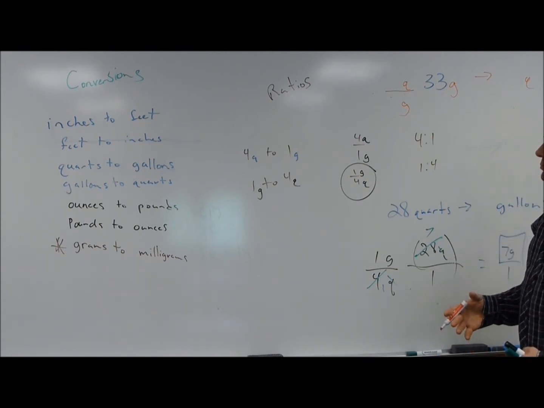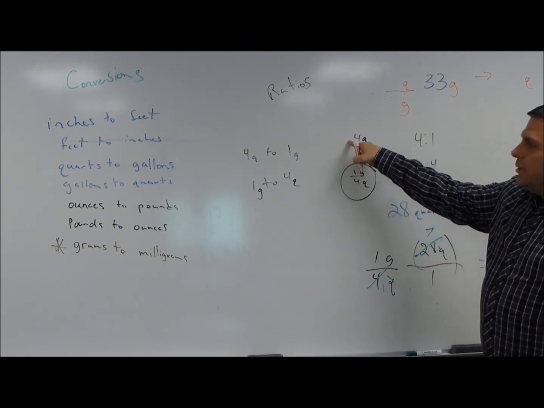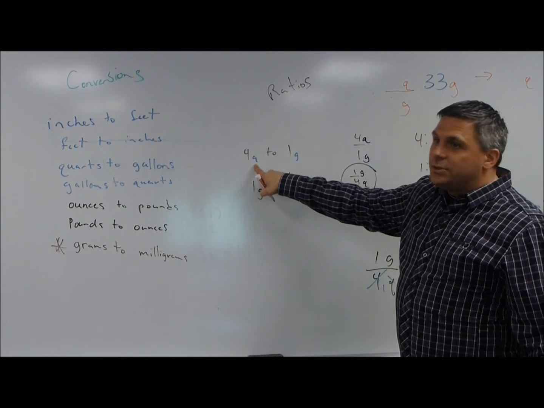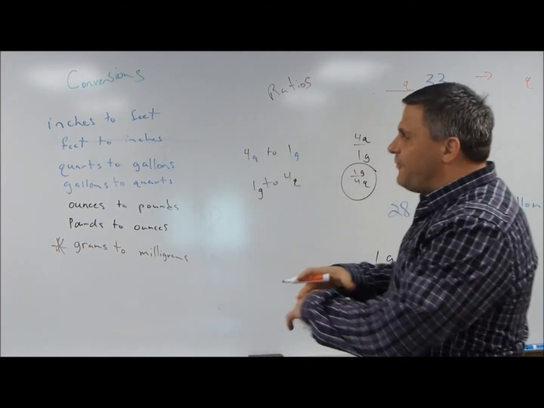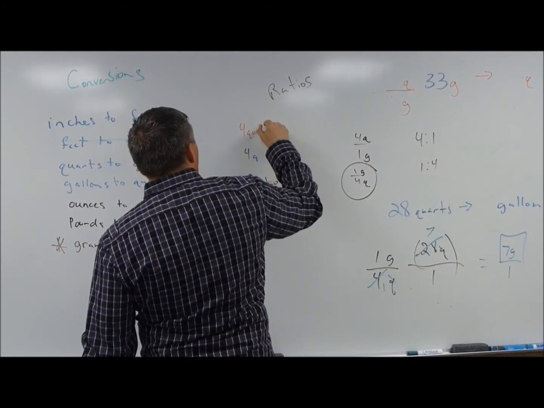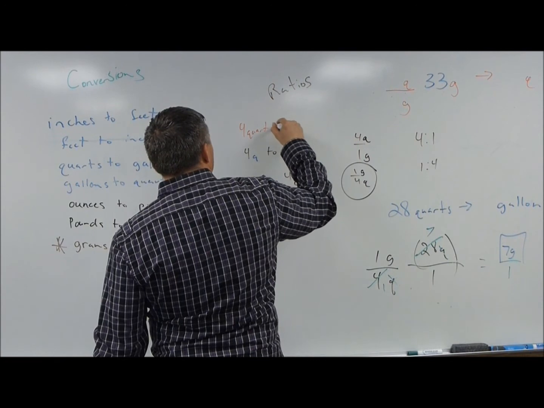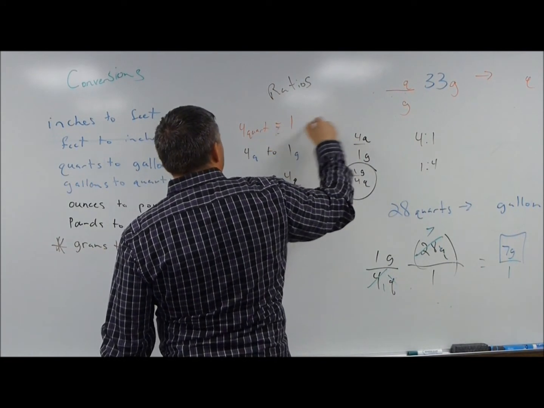The 4 over 1. 4 quarts to 1 gallon. Right? There's 4 quarts in a gallon, or 4 quarts equals 1 gallon.